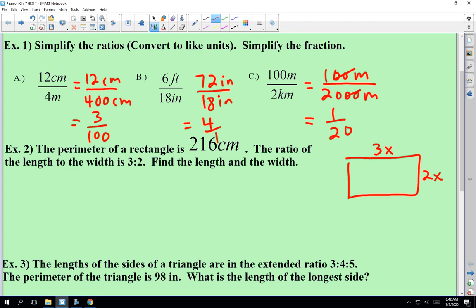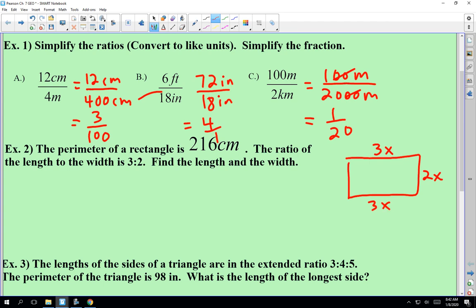So what they've done here is exactly what I did up here, right? They reduced it down to its simplest form. So it's really 3 over 2. So we're going to find out what that value x is, and then multiply it by 3 and 2 respectively to figure out the length and the width. So we're going to use a little bit of algebra here. How many of those 3x's do I have in this rectangle? 2 of them.